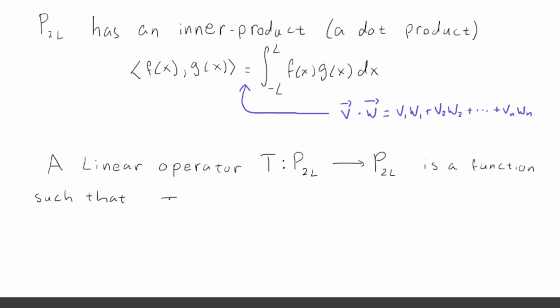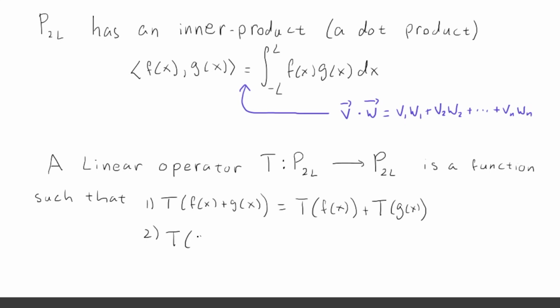So let's just say T of f of x plus g of x is equal to T of f of x plus T of g of x, and T of a number times a function, or a number times a vector, is you just take the number out, you can take the number out of a linear map.